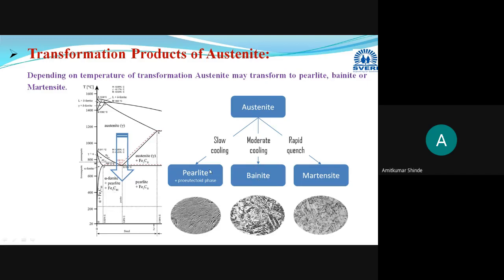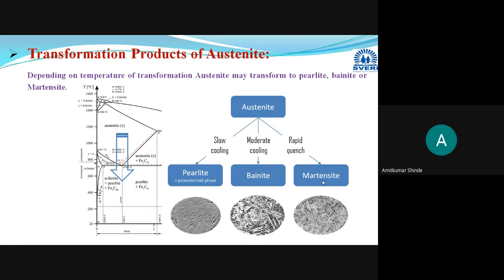You have to remember this point: these two are nothing but mixtures of ferrite and cementite, and only their morphology or structure is different. Martensite has a different structure. How it is formed, we are going to discuss one by one.